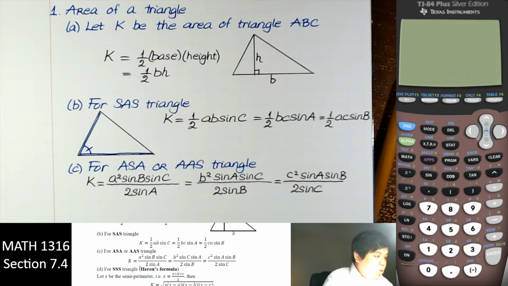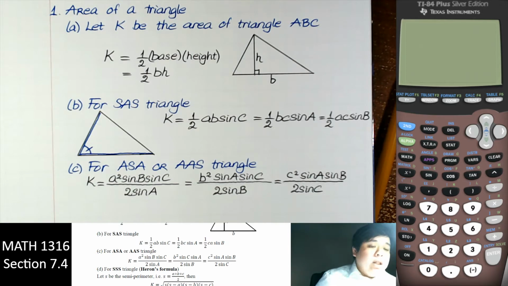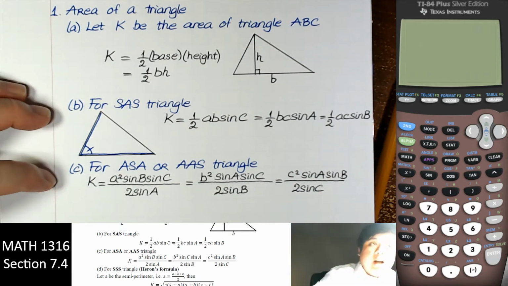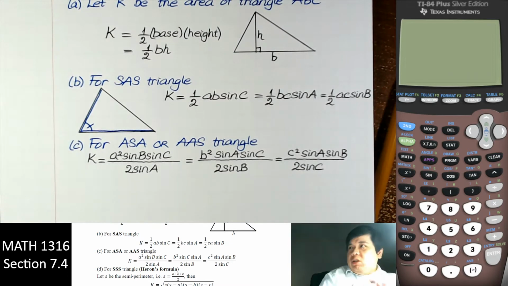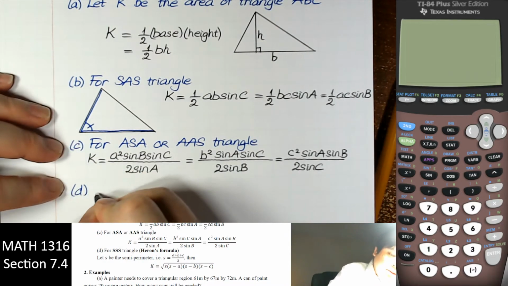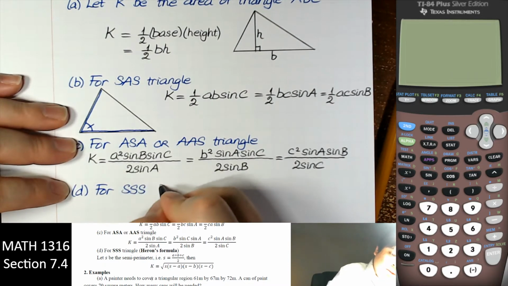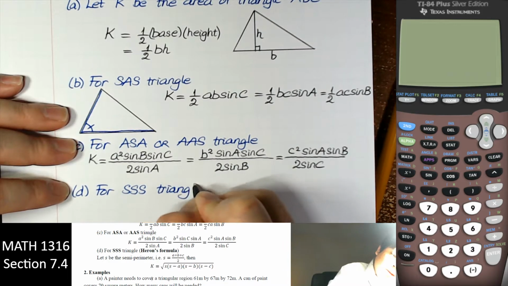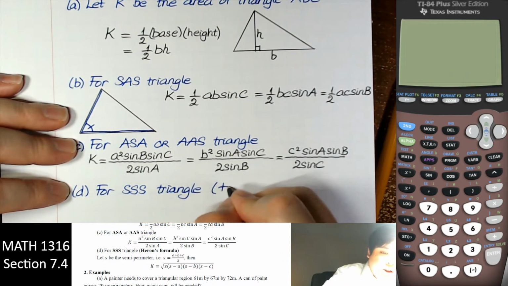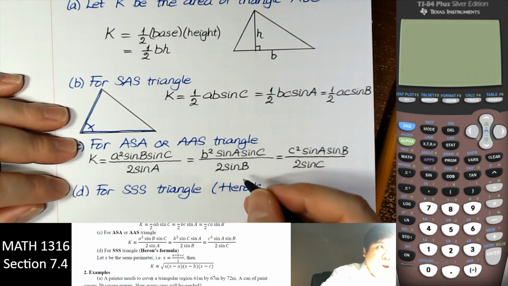And the last case is where we have the length of all three sides. When we are given all three sides, we're going to use the formula that we call Heron's Formula. This formula is more than 2,000 years old.